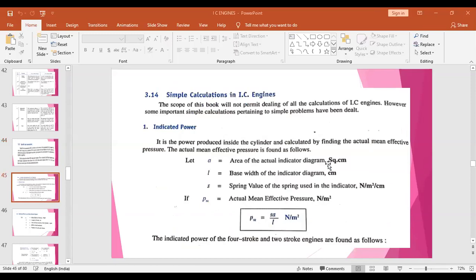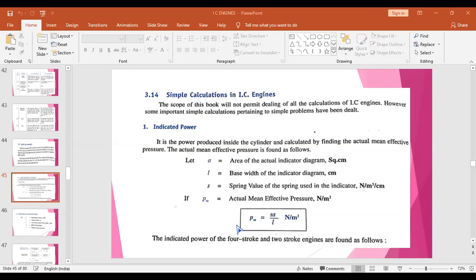Next, come to the point, very important: the calculations used in engine. See, all of you observe here, the very first is indicated power. So what is the indicated power? It uses the mean effective pressure, that is in newtons per meter square.